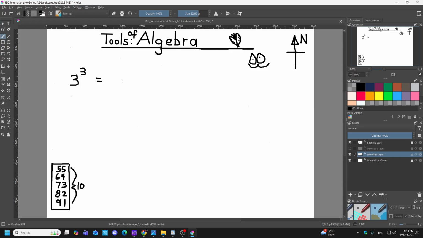That is written as 3 times 3 times 3. Now, hopefully I did not say 3 to the 4th power. I may have, but 3 to the 4th power is the same as saying 3 times 3 times 3 times 3. It really is that easy, boys and girls.